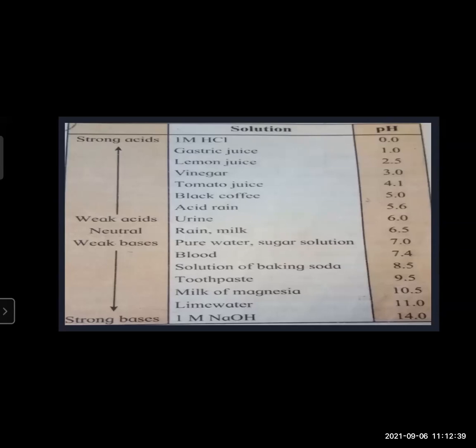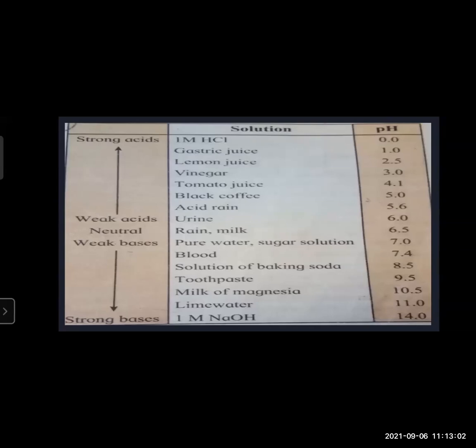Now, you can also see arrows over there. One arrow is moving upwards, and one is going downward. All those from the acid rain up to 1 ml HCl are acidic solutions.